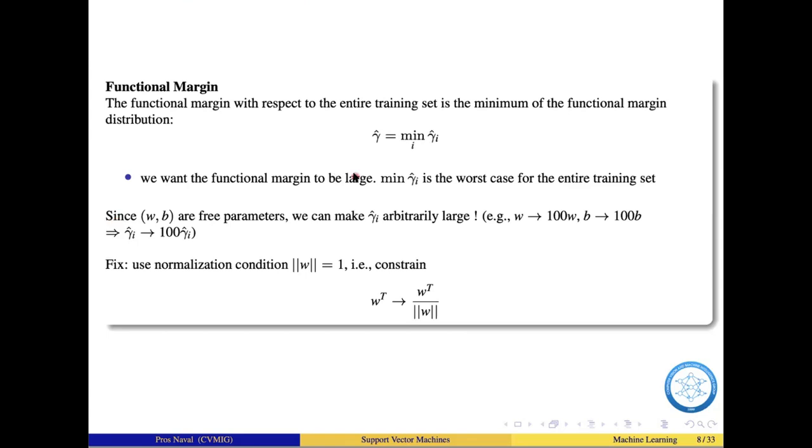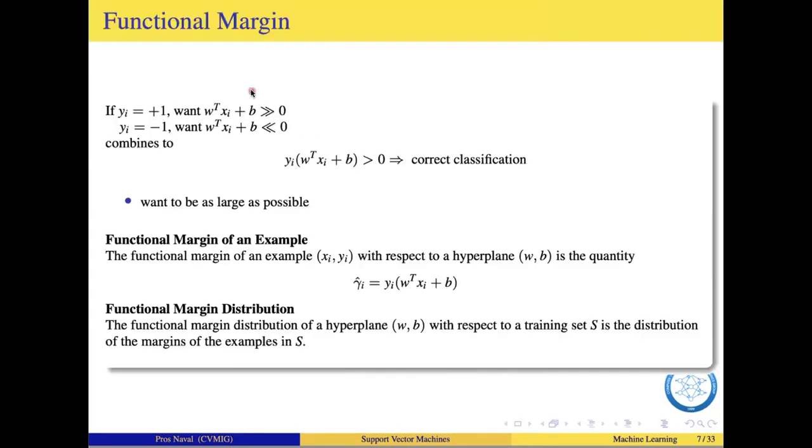Now, remember that we have W, B as free parameters, and we want gamma hat i to be arbitrarily large, right? If you recall, we want this to be as large as possible. This value here, the left hand side, is not 0.